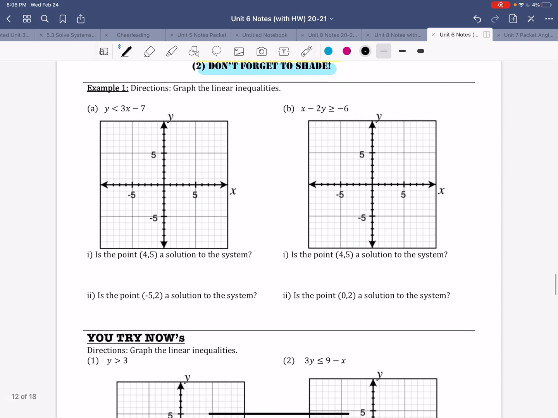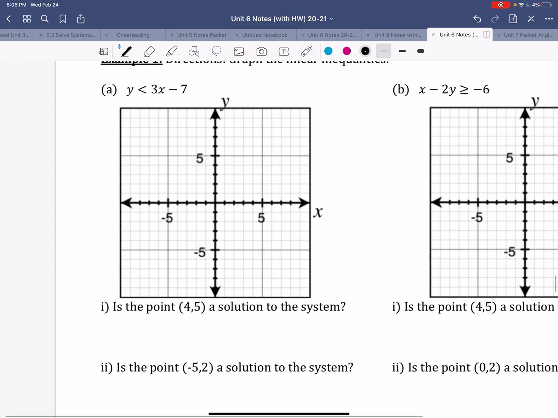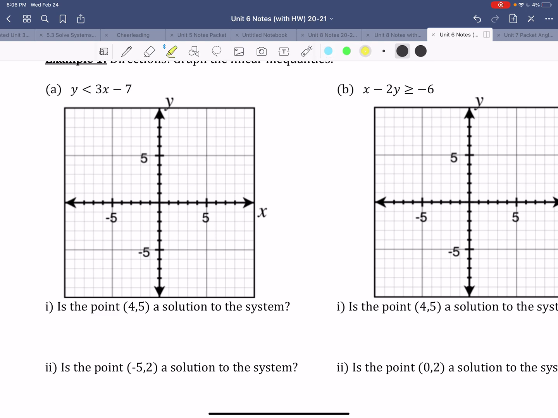So if I'm looking at this first one here, I already have y by itself, so I don't need to solve anything. So I'm going to graph this with my slope and my y-intercept. So I'm starting at -7, and my slope is 3, so I'm going up 3 over 1.